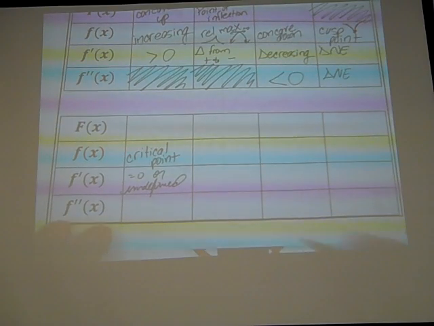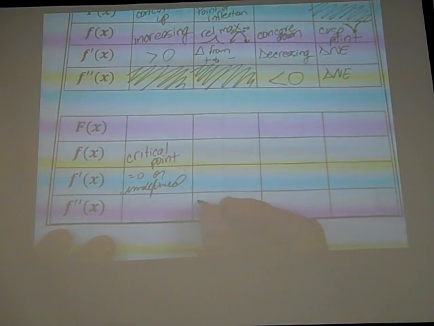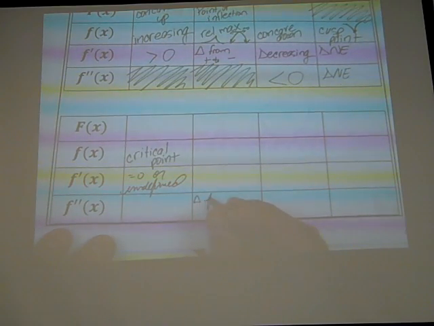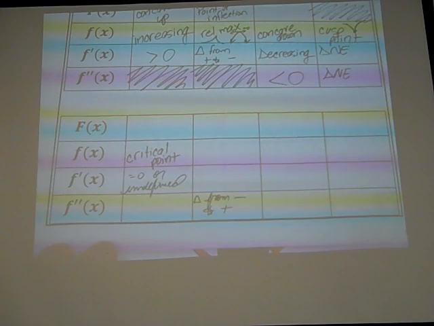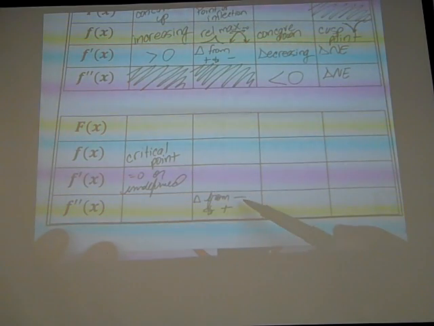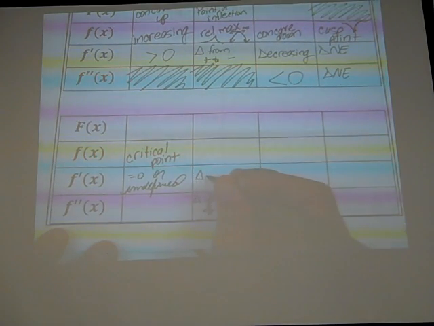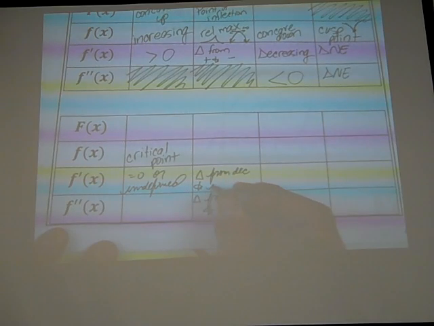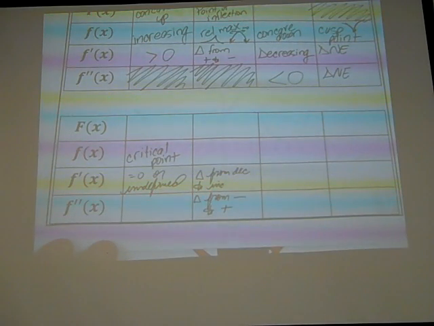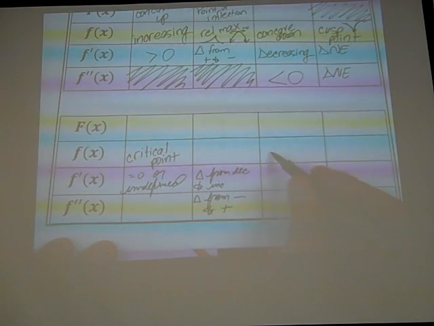All right, well, let's say that f double prime, let's just do another case here, f double prime changes from negative to positive. If f double prime changes from negative to positive, then the function above it is changing from decreasing to increasing. Well, what sort of a function would be changing from being decreasing to increasing?